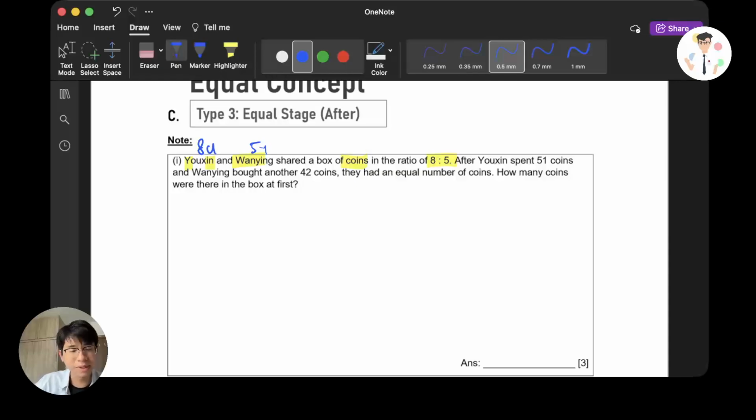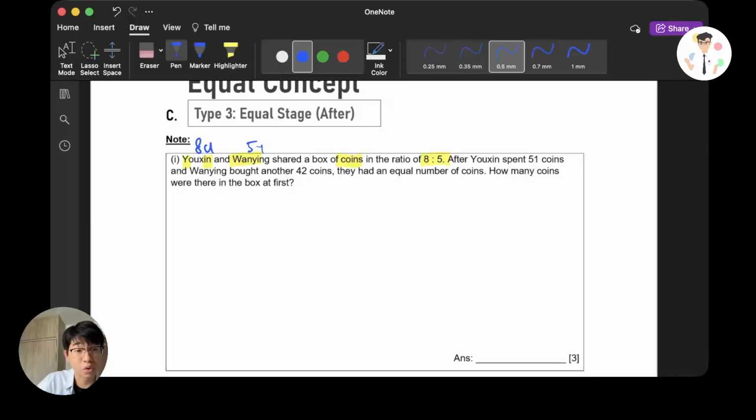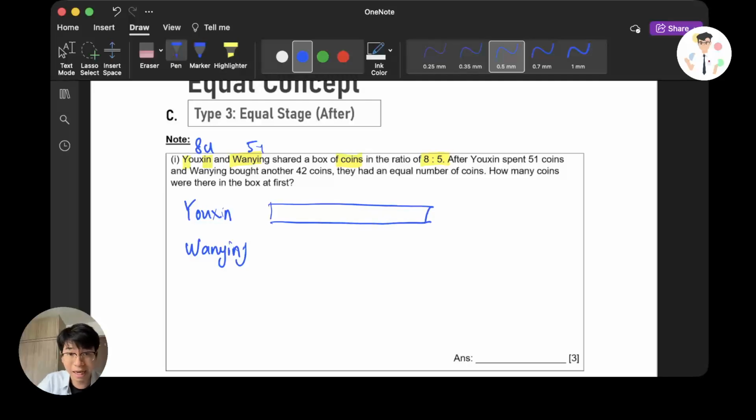Now, probably some of you know that we can draw a bar model. If you draw a bar model, it'll be like this: Yu Xin, and here is Wan Ying. Here will be 8 units, so something like this. Again, I don't know exactly how many. 8 units is just a unit, it's not the exact number, so I just draw like this.